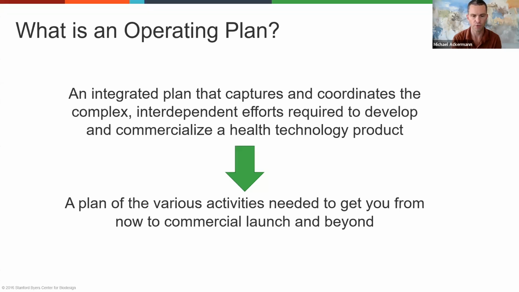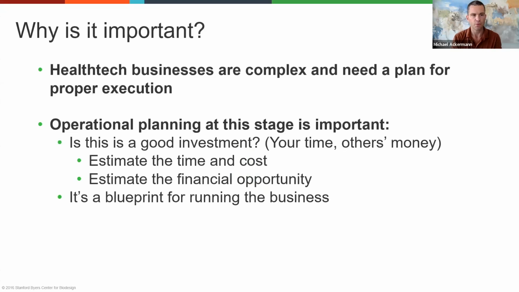And approval if you're looking at a regulated product. So why is this important? Well, because these businesses are complex. It's not a lemonade stand, and so you can't wing it. There's too many moving pieces, and it takes too much money. And again, for the reasons that we talked about, really helping you estimate whether or not this is a good investment for you and for others.